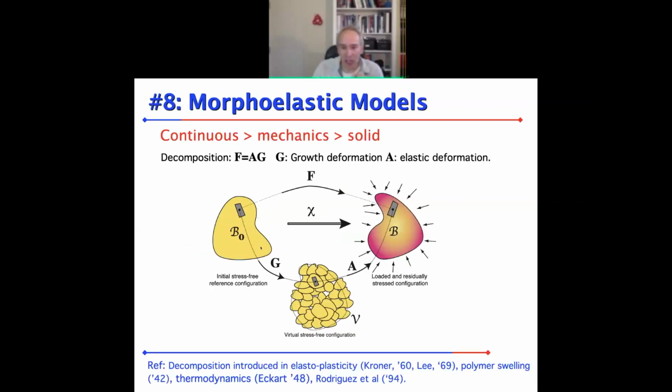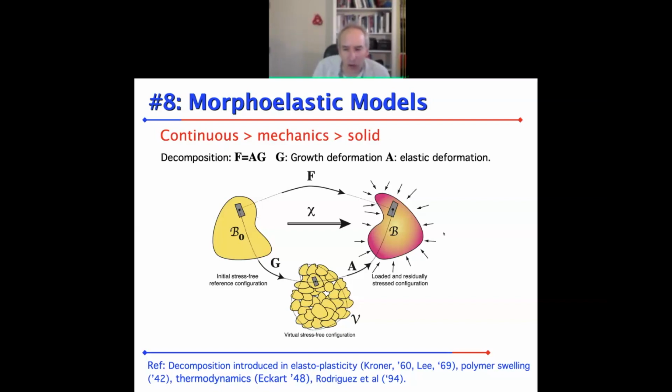And so the third step, so you first have growth, and then the elasticity: you have to compress some parts and pull other parts of the material. And this is what I call a morphoelastic model. So it's a continuous type of model that's based on mechanics, but it's really mostly valid for materials that are much more solid, for which you could actually measure a type of elasticity in the material.